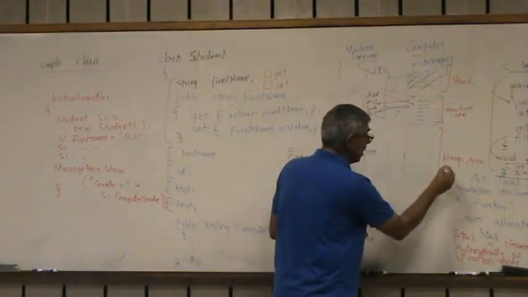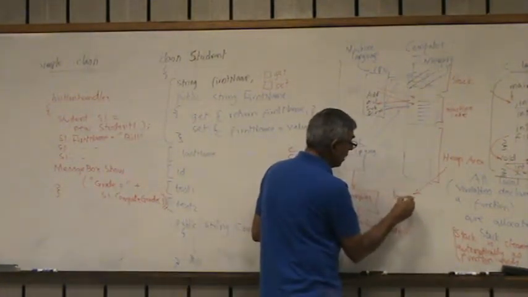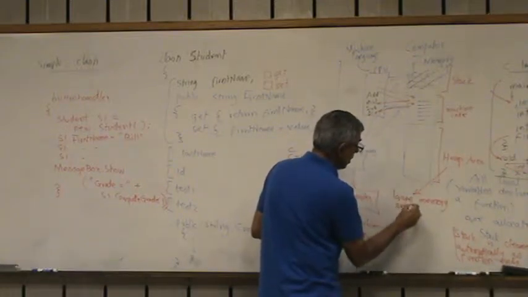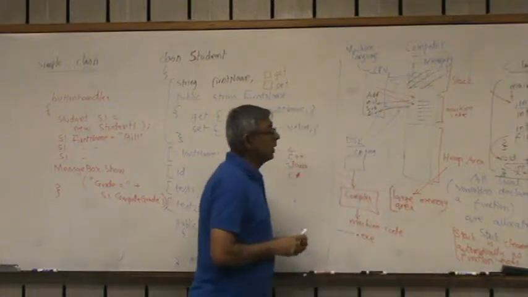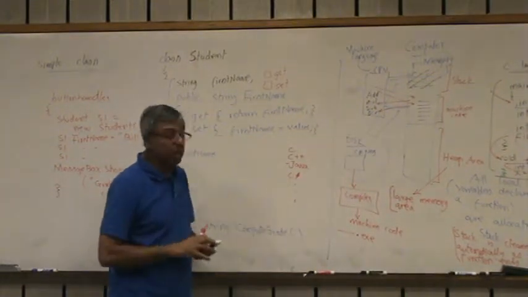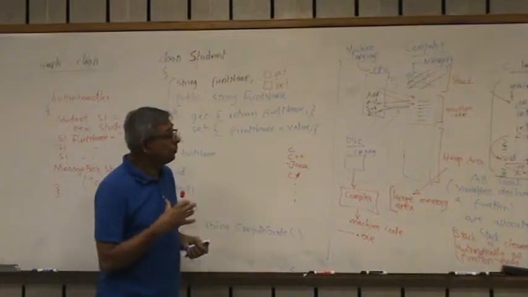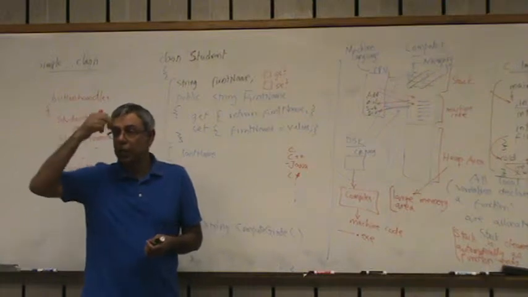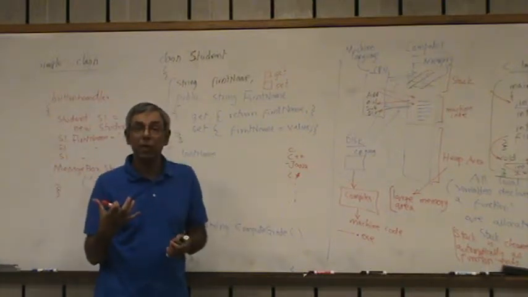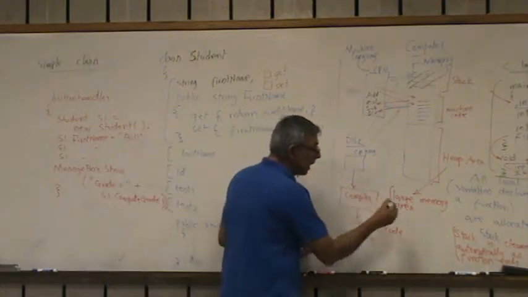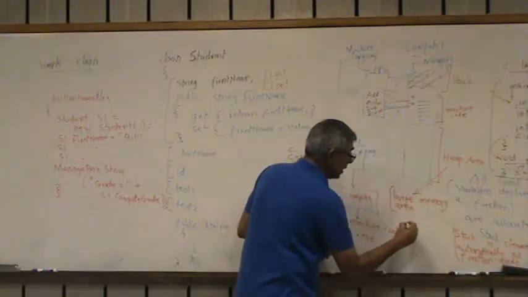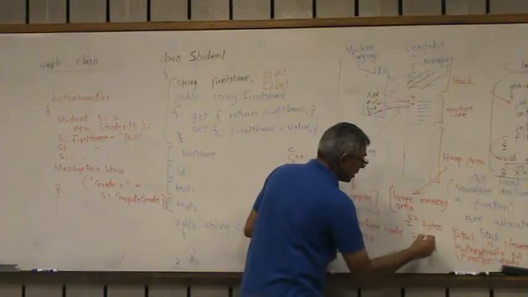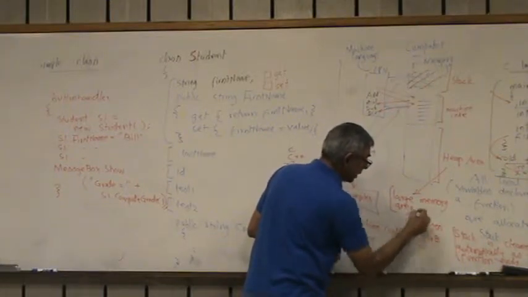The answer is, heap is a large memory area. Depending upon the operating system, it's huge memory. For example, if we are using a 32-bit operating system, if you go back to Windows XP as an example, theoretically speaking, the heap space is 2 raised to the power 32 bytes, which translates to 4 gigabytes.